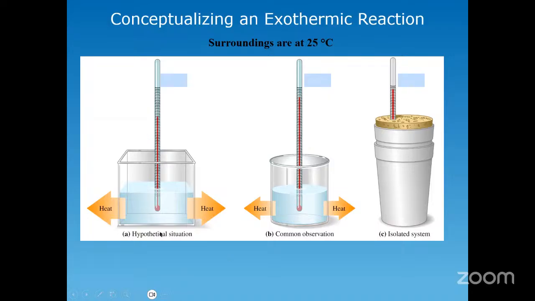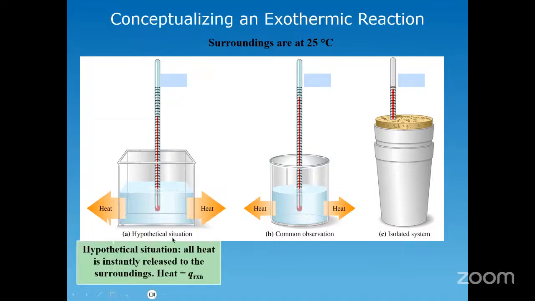So in the hypothetical situation where this container is such that all the heat will escape into the surroundings for an exothermic reaction, there will be no temperature change as far as this reaction is concerned. So if the initial temperature is 25 degrees, it's going to remain at 25 degrees because the heat generated will escape into the surroundings, right?